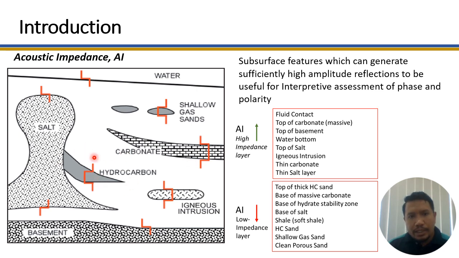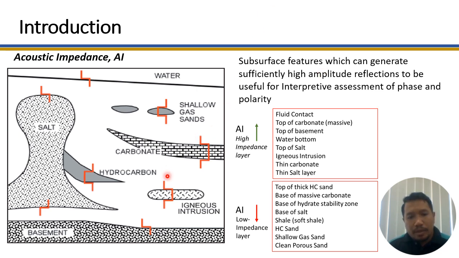Hydrocarbon reservoirs like shallow gas and igneous intrusions are also excellent reflectors because the acoustic impedance contrast between these materials and the surrounding rock is typically very high. This means that the phase of the reflection from these features is typically very consistent.